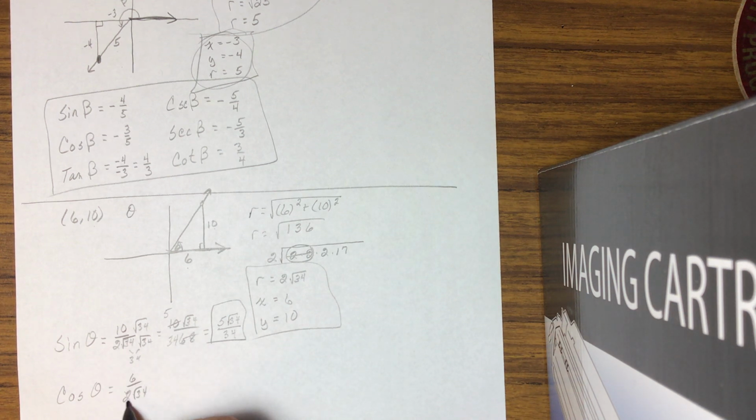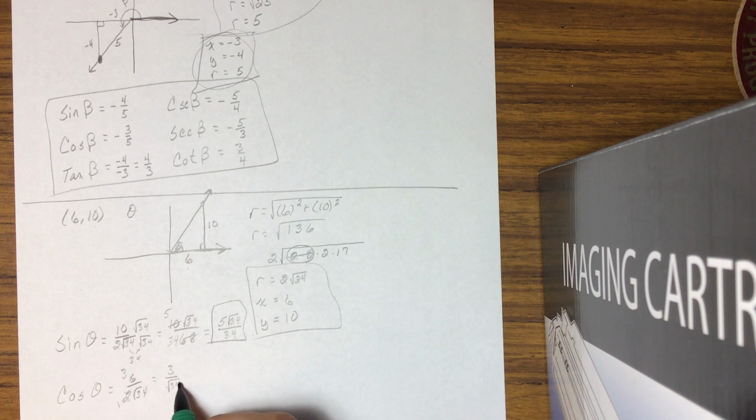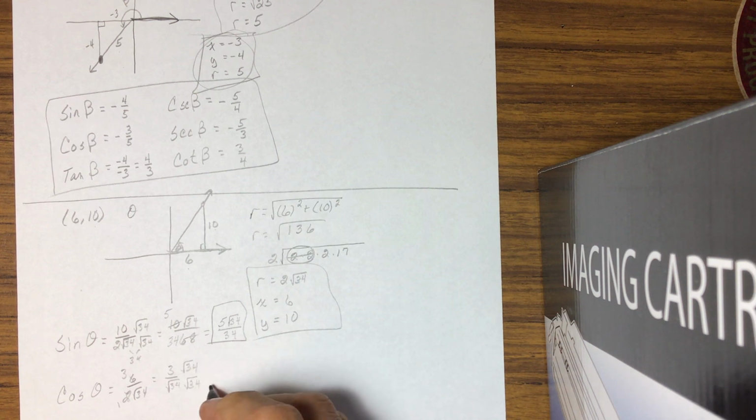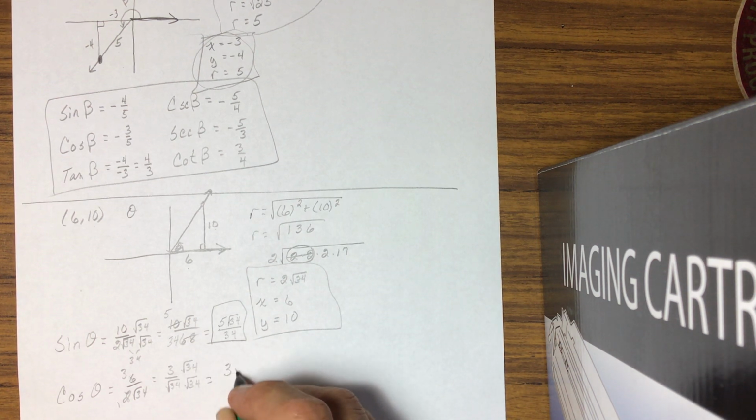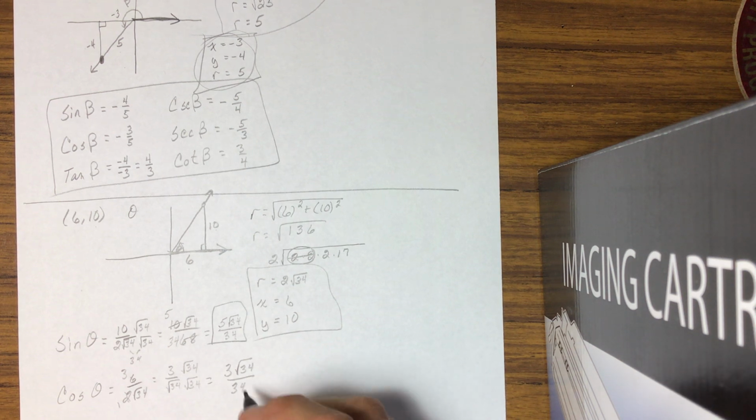I can say, okay, 2 and 6, that gives me 3 over square root of 34. And then multiply top and bottom by square root of 34, which is going to give me 3 radical 34 in the top over plain old 34 in the bottom.